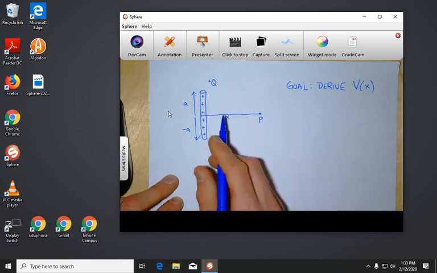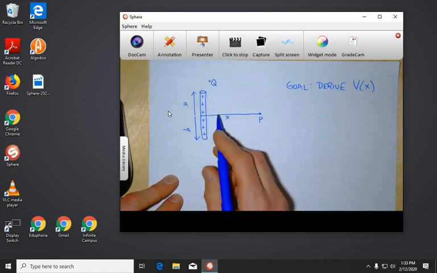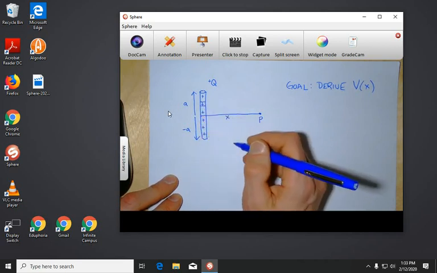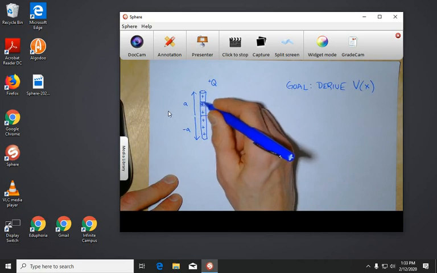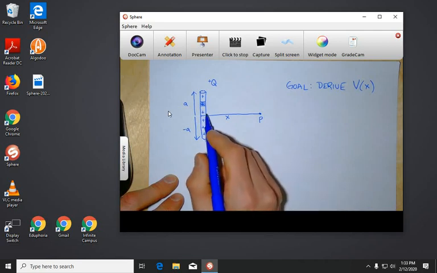Okay, so what we're going to do with this is we're going to have to integrate, and we're going to have to divide up this line segment into small pieces. Those are going to be the calculus small pieces that we divide the charge into.